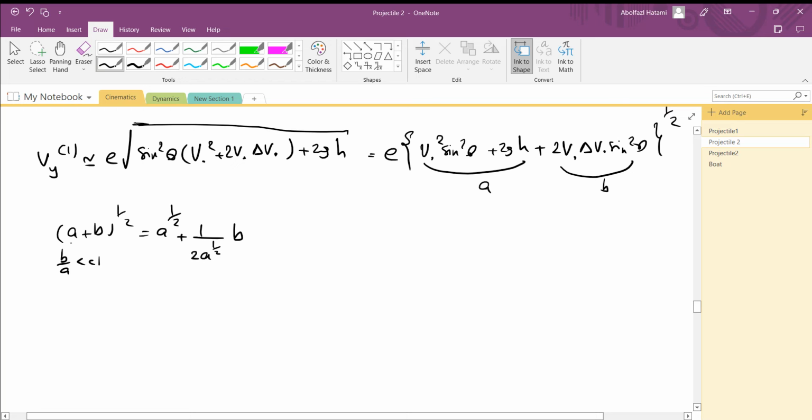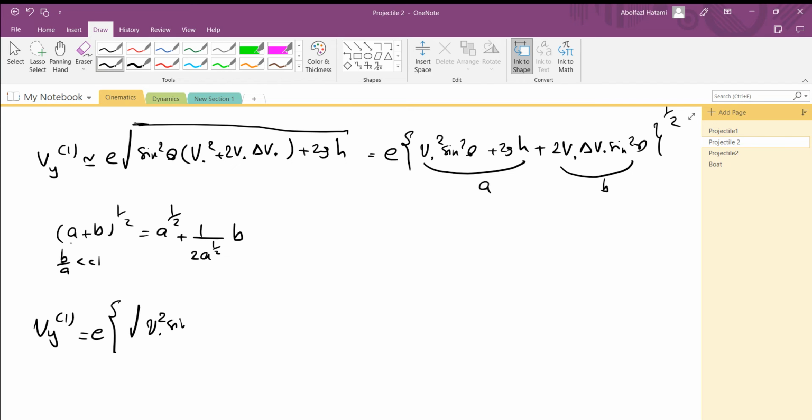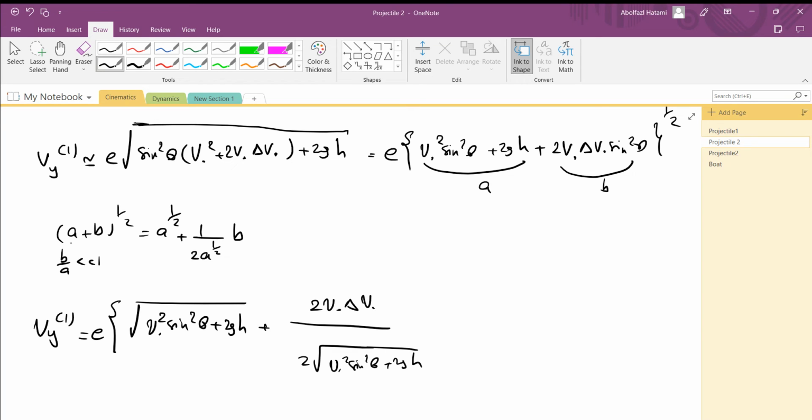So if I use this note, I can say that vy1 is going to be just radical v0 square sine square theta plus 2gh plus 2 times radical v0 square sine squared plus 2gh, and here b is 2v0 delta v0 sine square of theta.